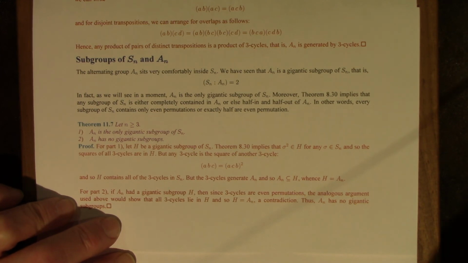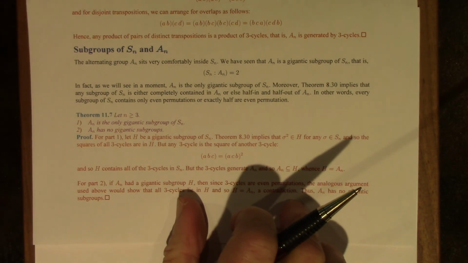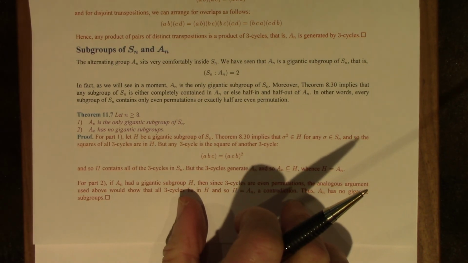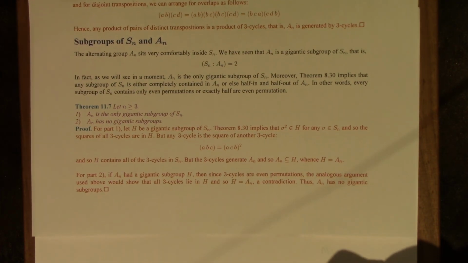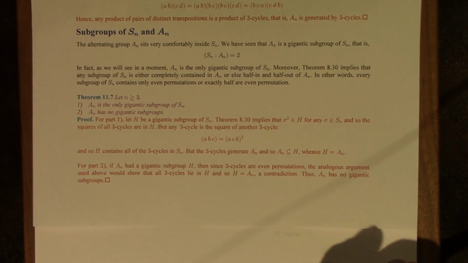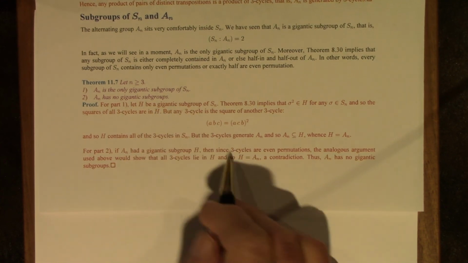Or in other words, every subgroup of Sn either contains only even permutations or exactly half of the permutations in the subgroup are even. It's 50-50, even and odd. An itself doesn't have any gigantic subgroups. So let's prove all that, and it doesn't take very much.